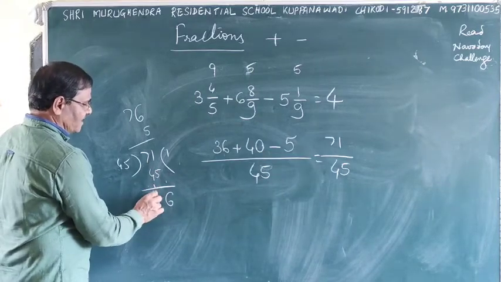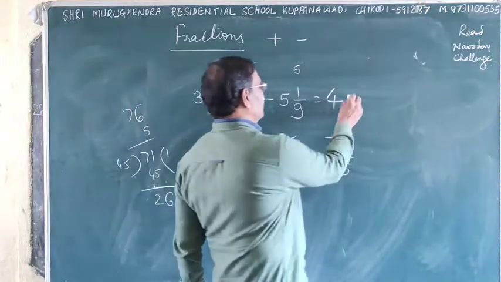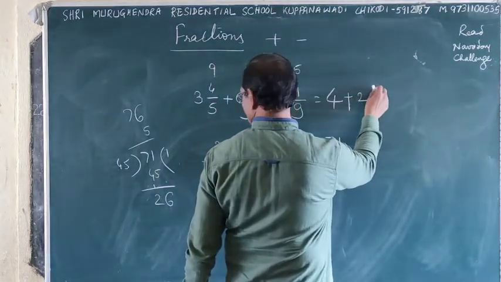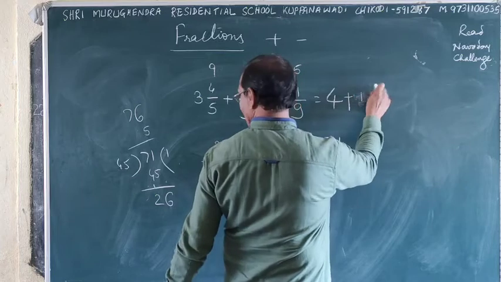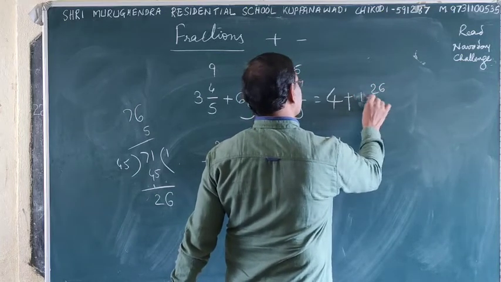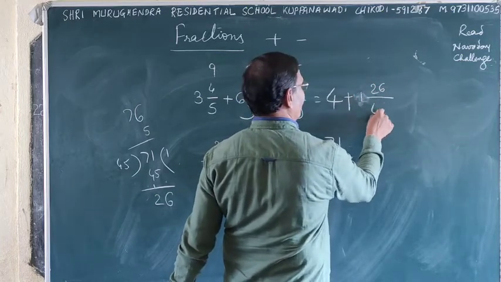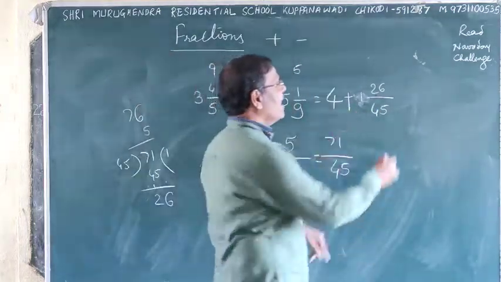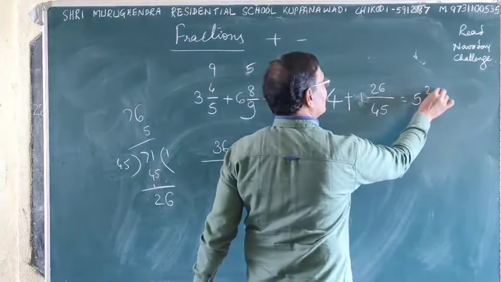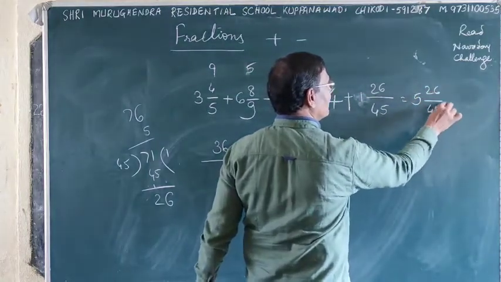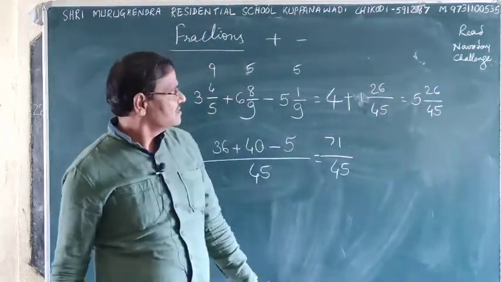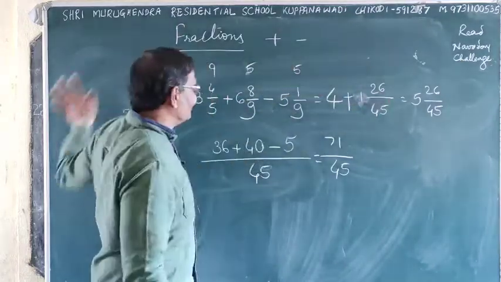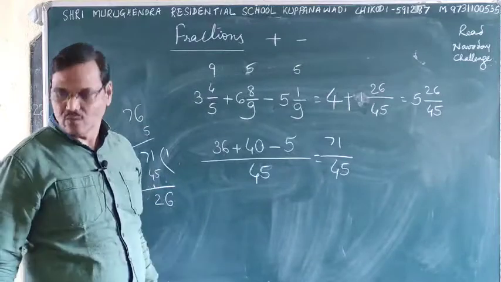And 7 minus 5 it is 2. Then plus 2, 26 upon 45. 5 of 26 upon 45 remains. Like this, if it is, you can do.